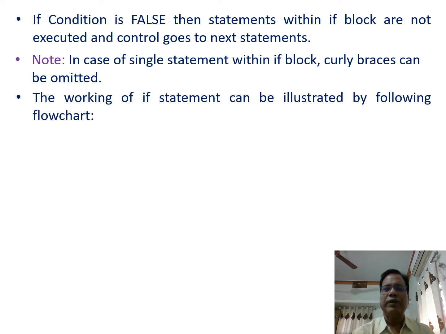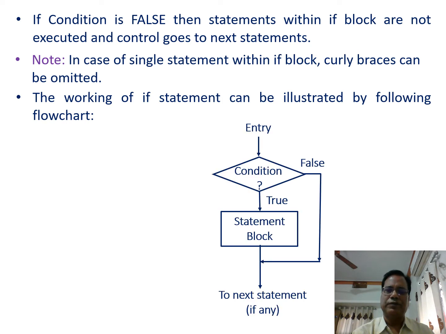The working of the if statement can be illustrated by the following flowchart. So this is the given flowchart. Whenever there is a condition, we use the diamond graphic to test the condition. If this condition is true, then we follow the true path, and if the condition is false, then we follow the false path.